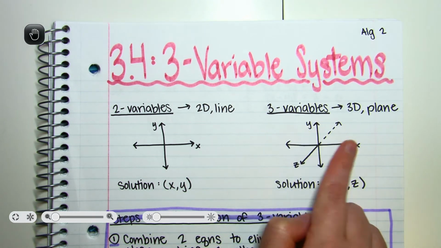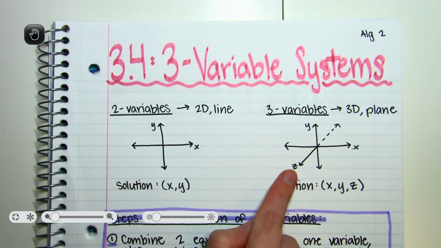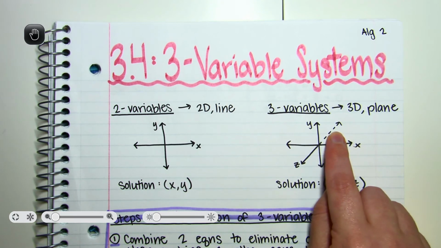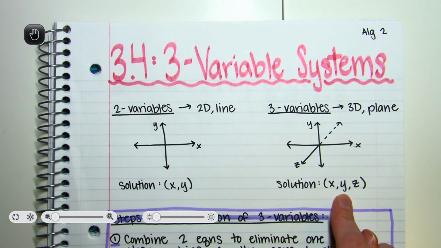You have the x and y like normal, but now you have another axis called z that goes through it this way. The little dots represent what goes behind it. So our solution is going to look like this, x comma y comma z. It's going to have three variables now instead of just two.